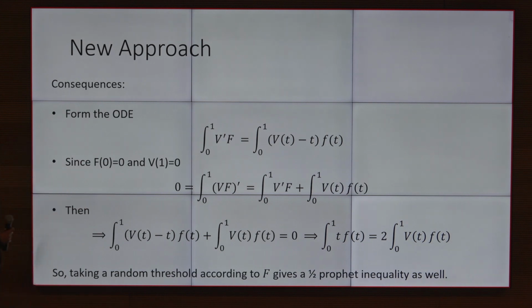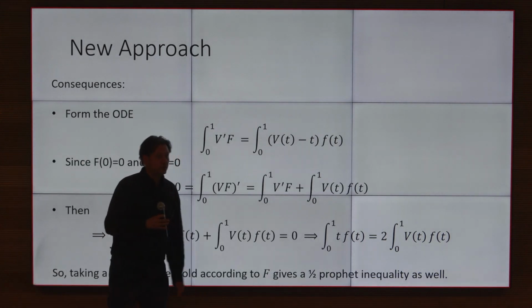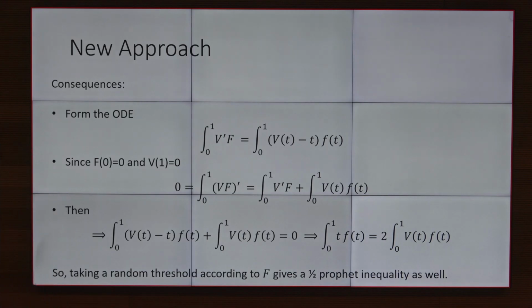But basically, you can very easily prove with this that if you take a random threshold according to the distribution of the maximum, which is our previous algorithm, you also get 1/2. This proof contains all the details of that, these 3 lines.